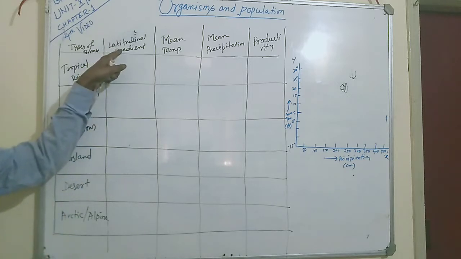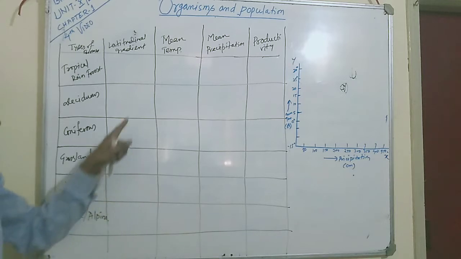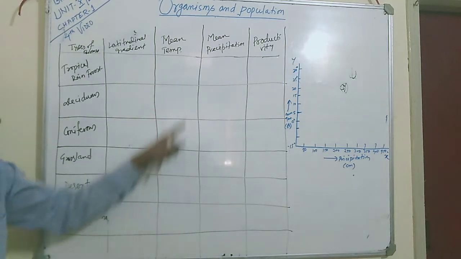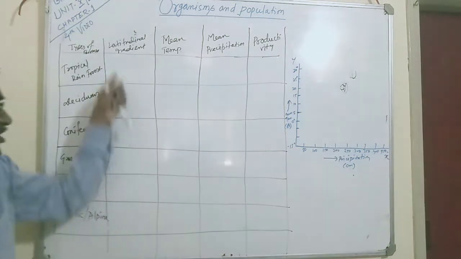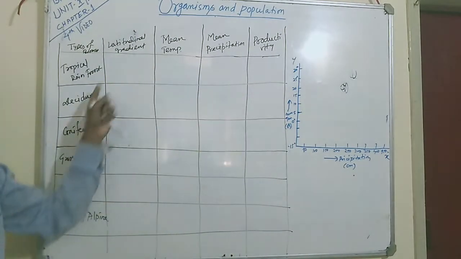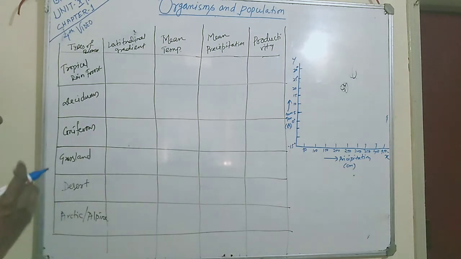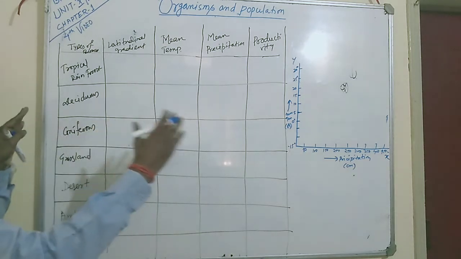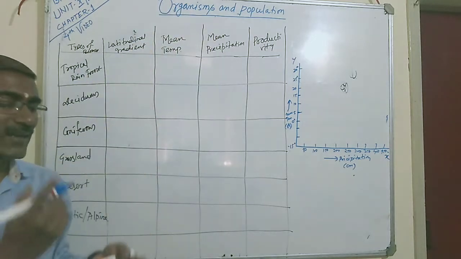The latitudinal gradients affect the biomes, mean temperature, precipitation and productivity. These variations are found in comparative studies. You can memorize it very comfortably whenever you follow this graph with the table.